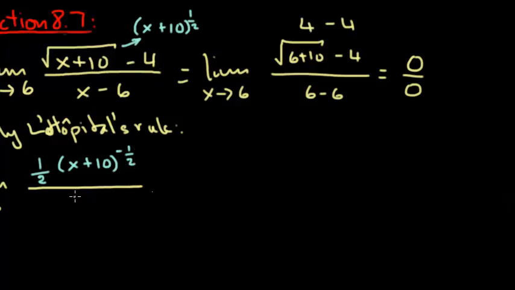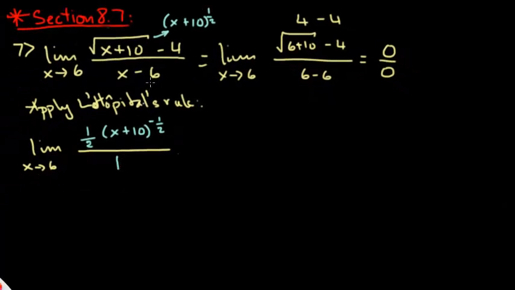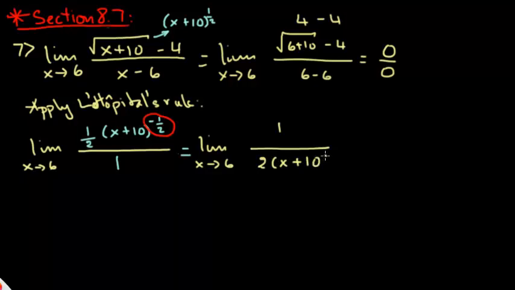At the bottom, the derivative of x is 1, and the derivative of 6 is 0. Since this is a negative exponent, I can bring it down: the limit as x approaches 6 of 1 over 2 times x plus 10 raised to the 1/2.